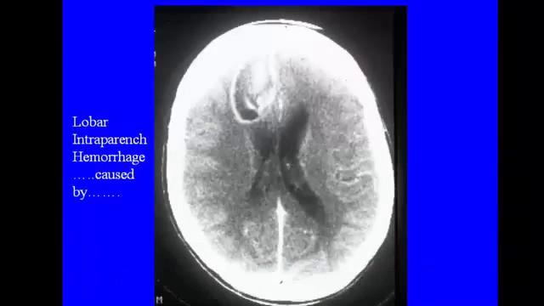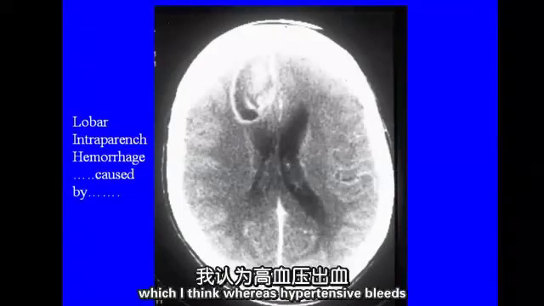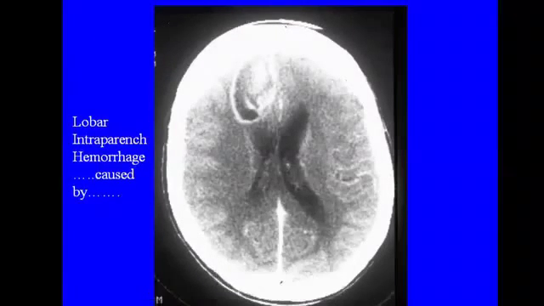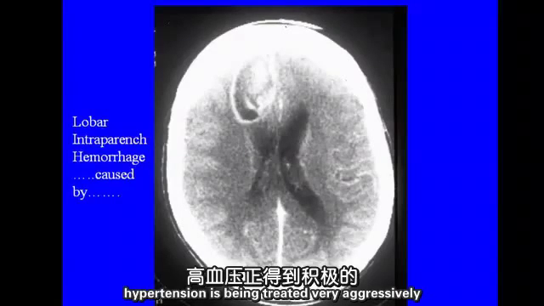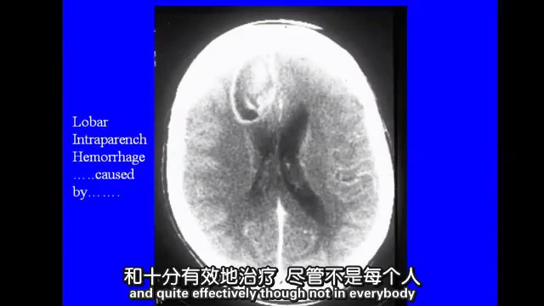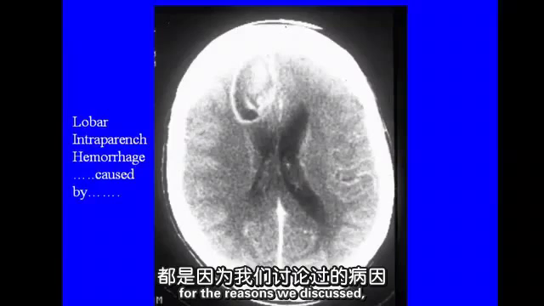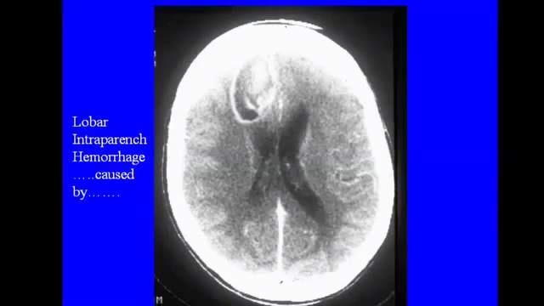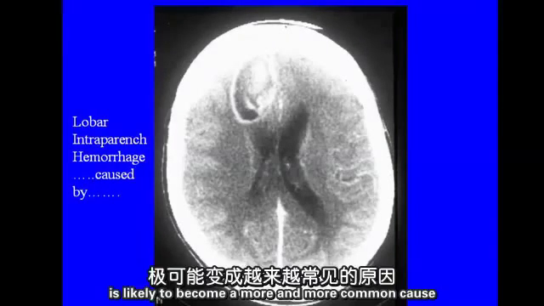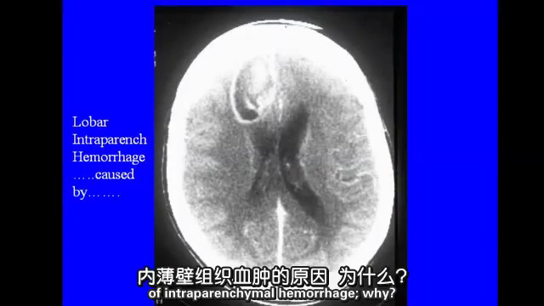One of my favorite topics: amyloid angiopathy-related bleeds. Whereas hypertensive bleeds should really be on the decline, given that hypertension is being treated very aggressively and quite effectively, although not in everybody for the reasons we discussed, by contrast, amyloid angiopathy is likely to become a more and more common cause of intraparenchymal hemorrhage. Why?